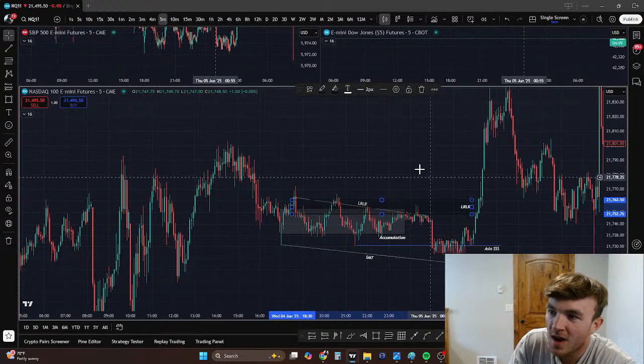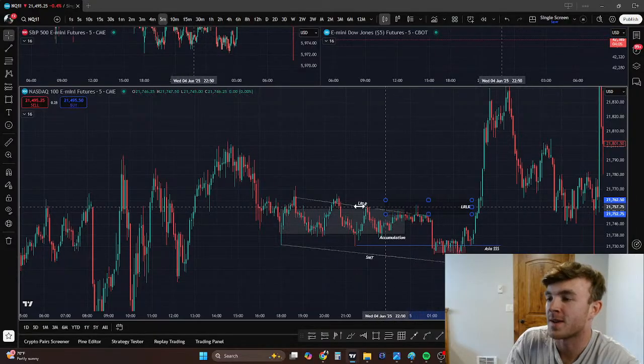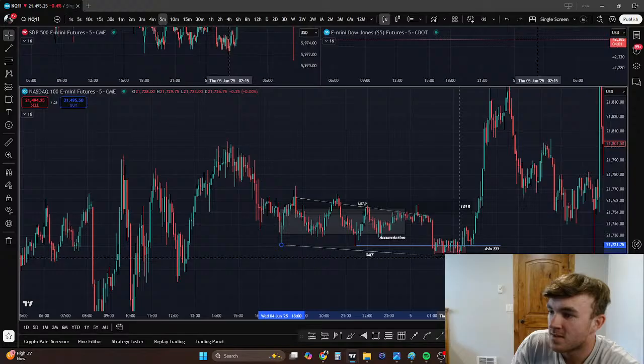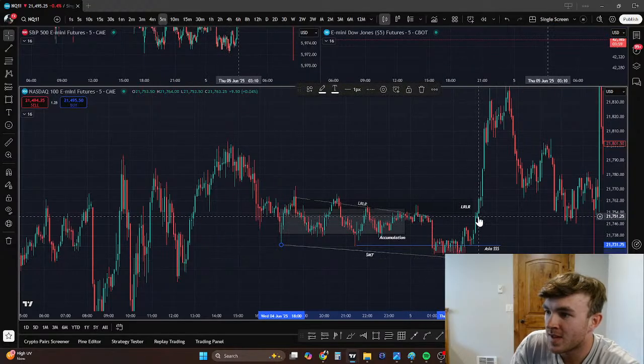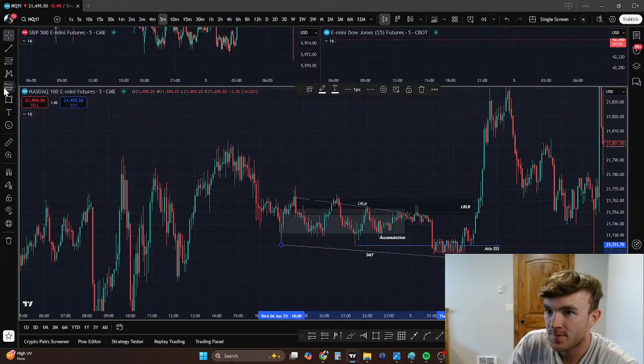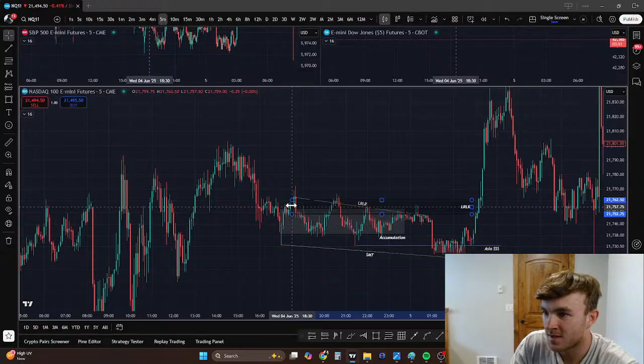Dude, and this is rocket fuel right here. This is rocket fuel. Oh my gosh. Anytime you see LRLR and we get an inversion like this right before the LRLR, it's just rocket fuel. It's ridiculous.